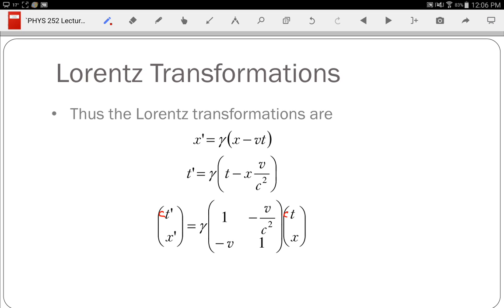If we put a CT there and a CT there, then that is going to make this, I think it goes like that, right? I actually didn't think it through very carefully. Let's see if that works out. CT prime is equal to gamma CT prime minus VXCT over C. Actually, I'm not going to write it that way because I didn't think it through. I'm going to do this instead.